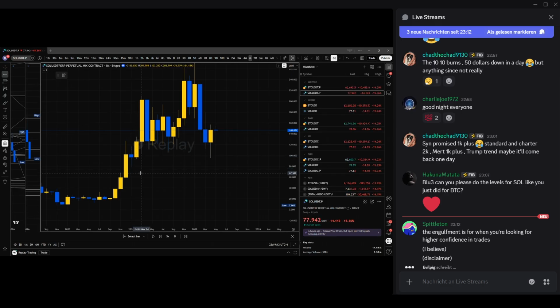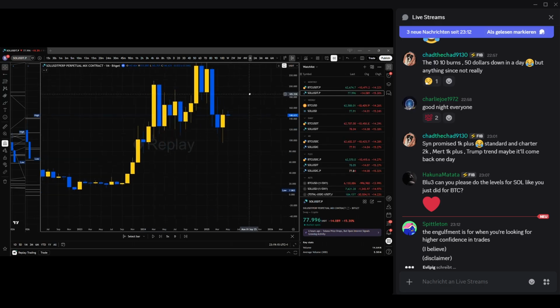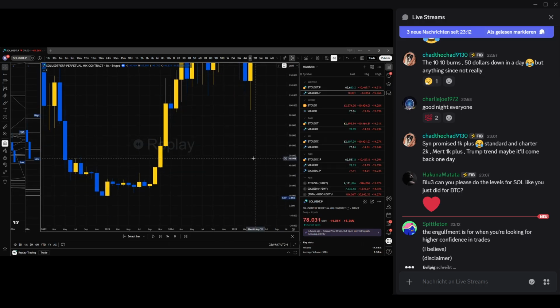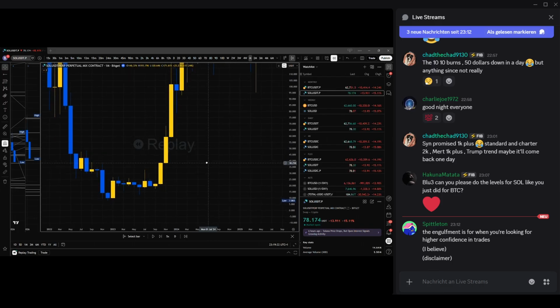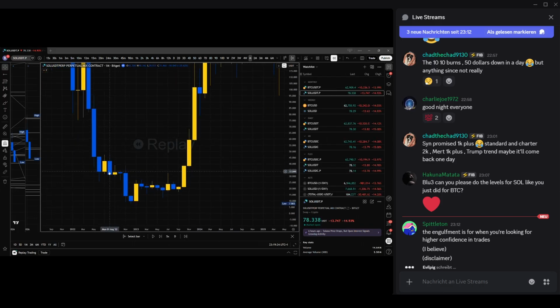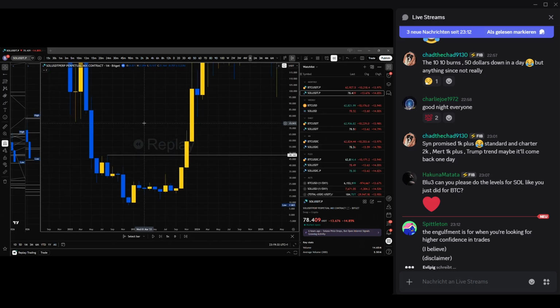So what do I mean by that? Let's take this example. This candle here, it's only a single distribution candle. So on this monthly, I cannot put a break level here.